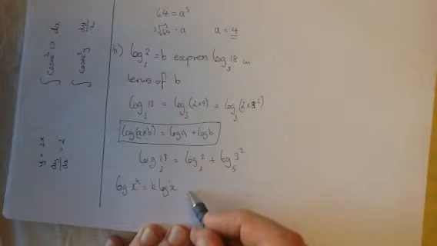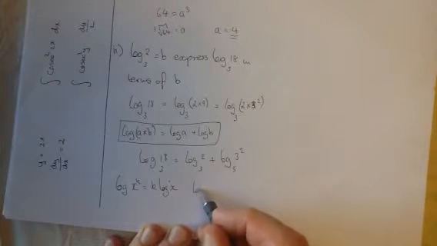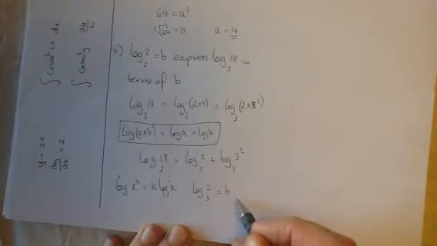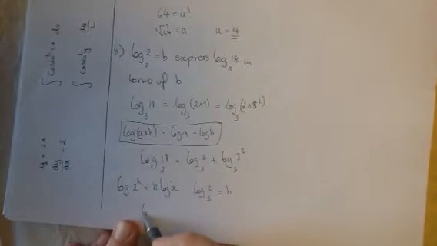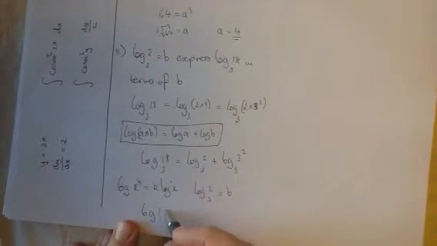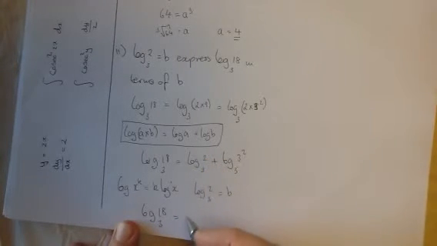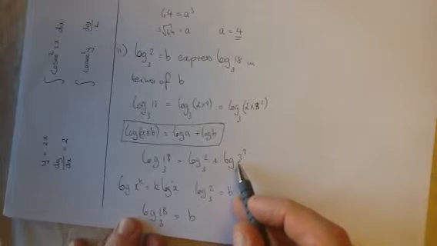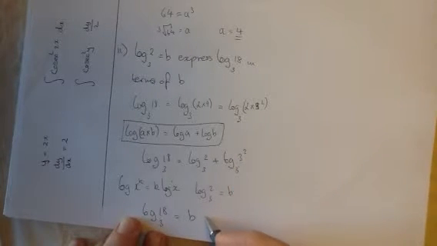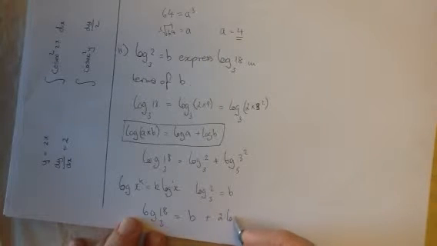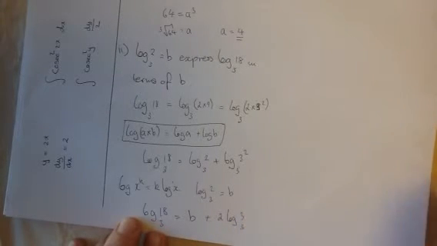And we also know from the question that the log of 2 to the base 3 is equal to b. So now we can write log of 18 to the base 3 is equal to log 2 to the base 3 we can replace by b, and we can replace log of 3 squared by 2 log 3 to the base 3.